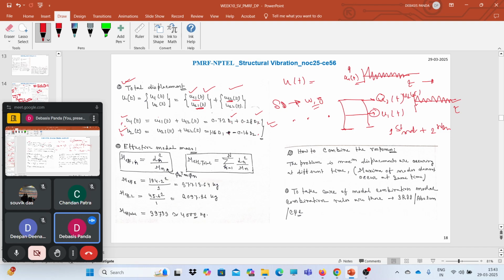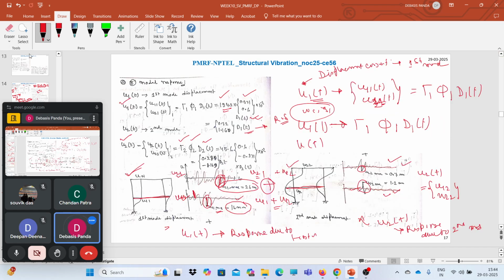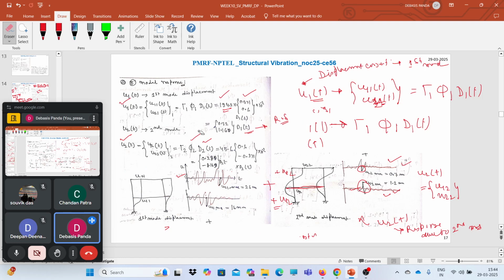So we will see. Now one more major problem we have seen here: we have calculated the modal responses for the first mode and the second mode corresponding to the degree of freedom. Now how can we add them, how can we do the modal combination to get the responses?